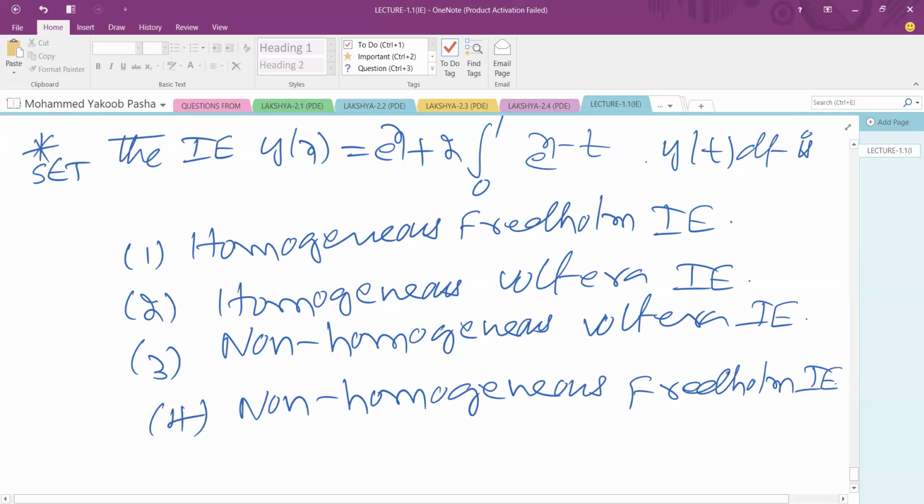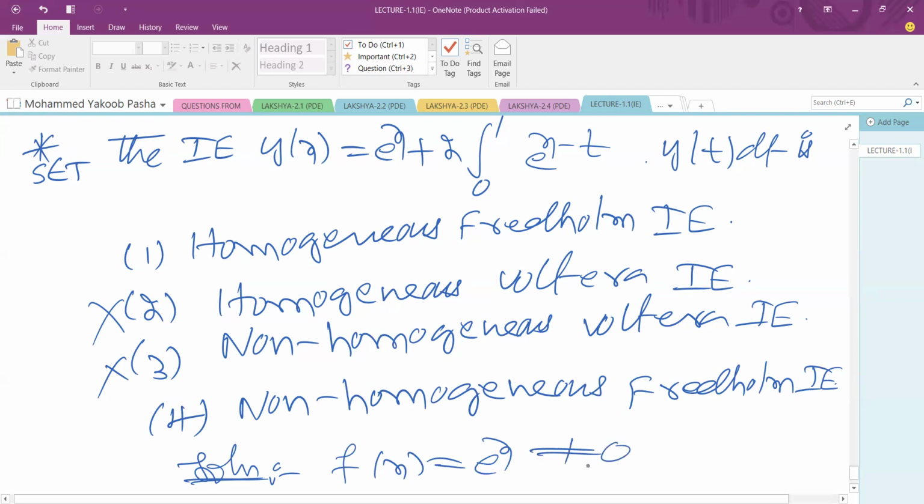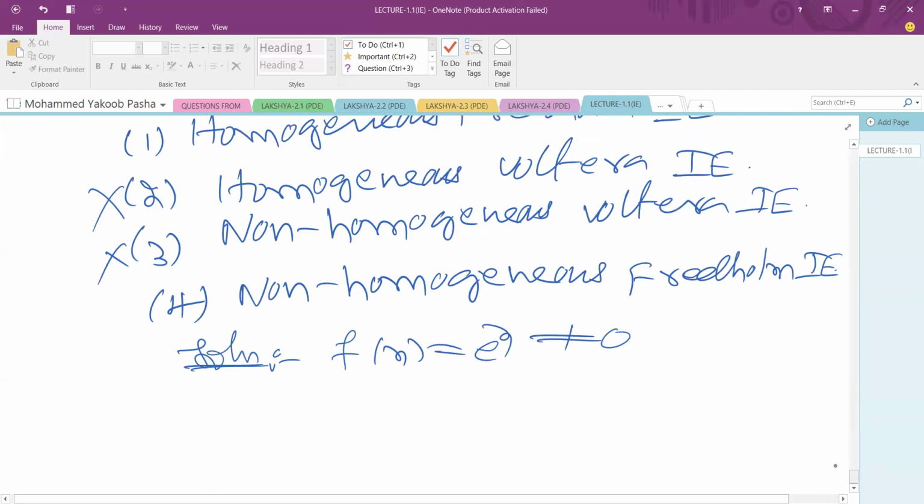Fourth option. Okay. We know that the limits of the integration are constant, so it is Fredholm. Second and third will be cancelled. For the homogeneous check, here f of x is equal to e to the power of x, that is not equal to 0, which means it is non-homogeneous.